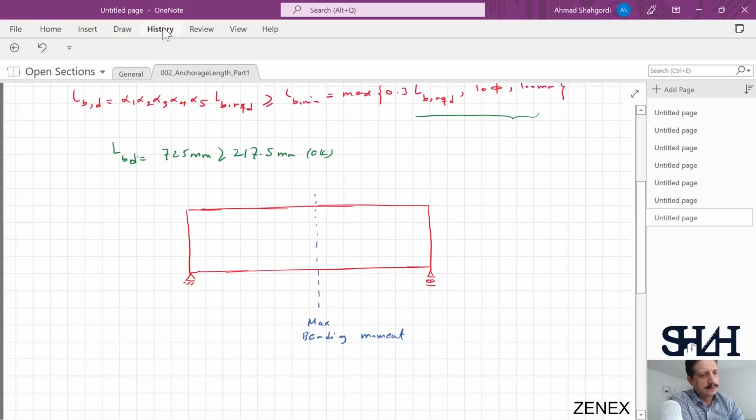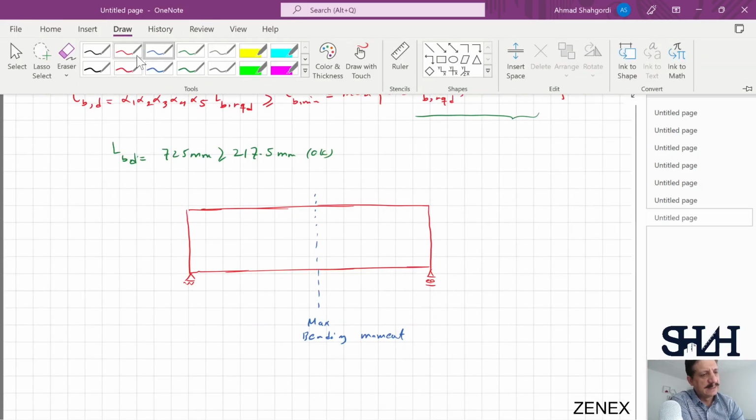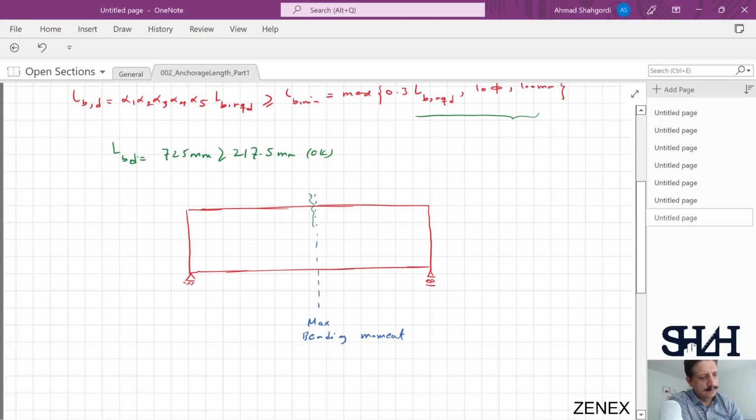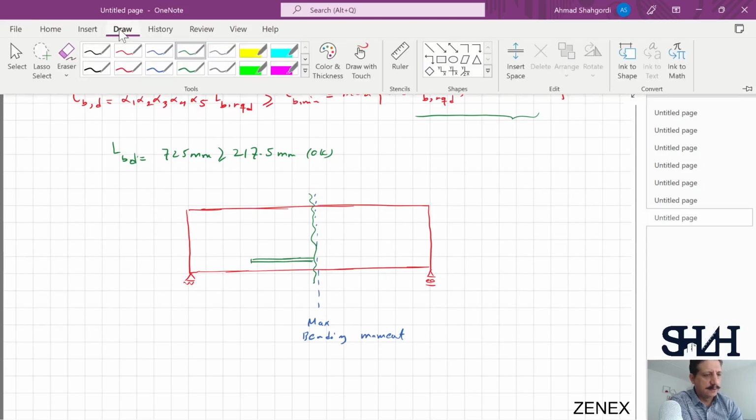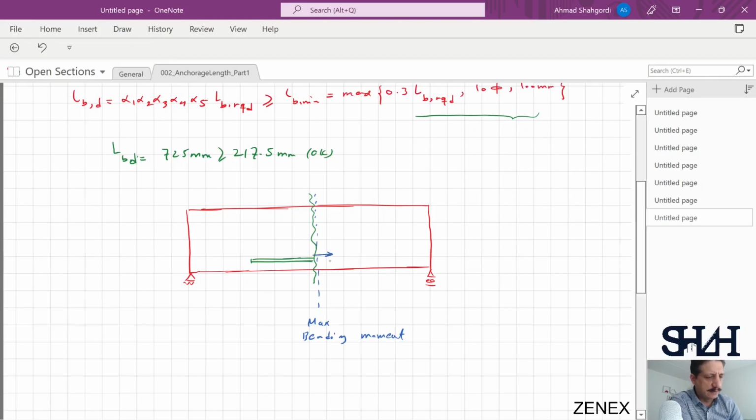As a result, if we cut the section from this point, our reinforcement will be under maximum tension from one side. So it means that this is under T max.